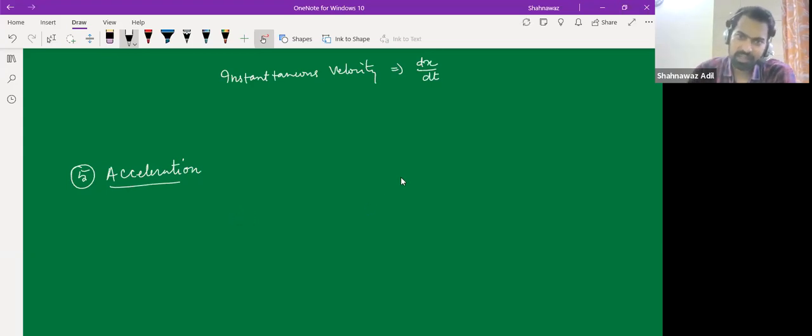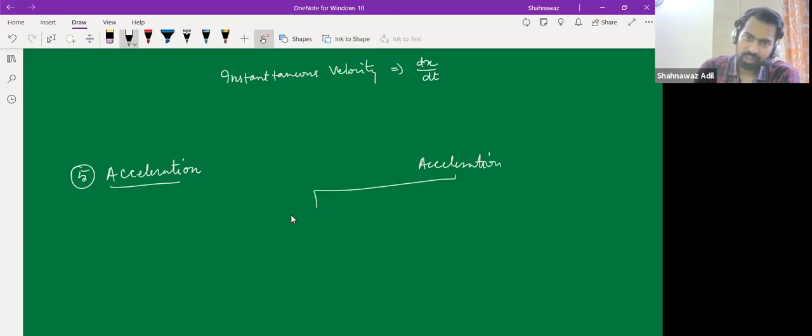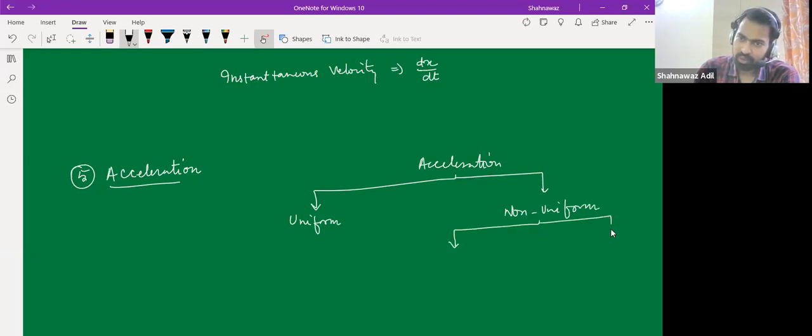Again, this is of two types, uniform and non-uniform, and non-uniform is of two kinds: one is the average acceleration, and then the instantaneous.